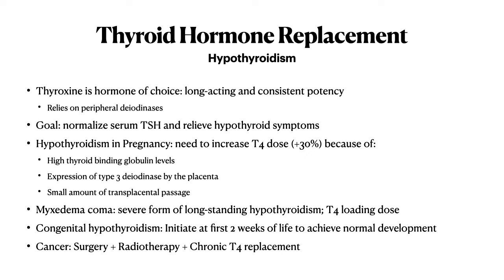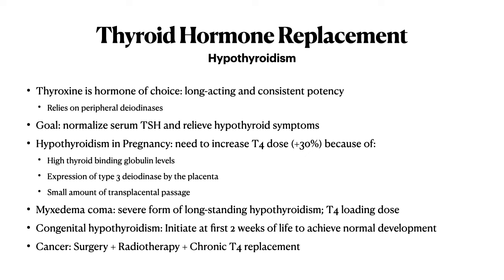But because the thyroid gland is diseased, even if there is lots of TSH, you have low T4. So if you have hypothyroidism, the picture in the blood will be low T4 and T3 and high TSH.